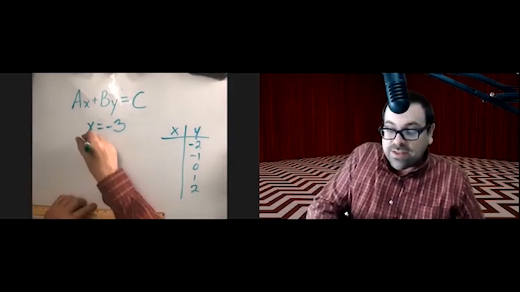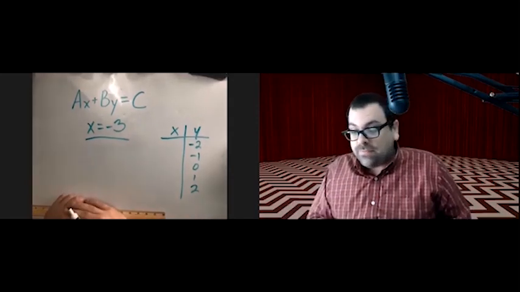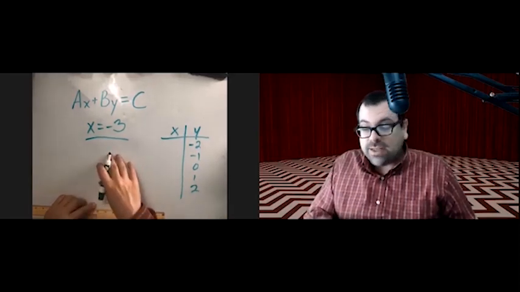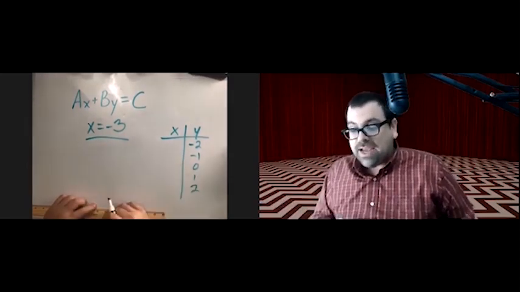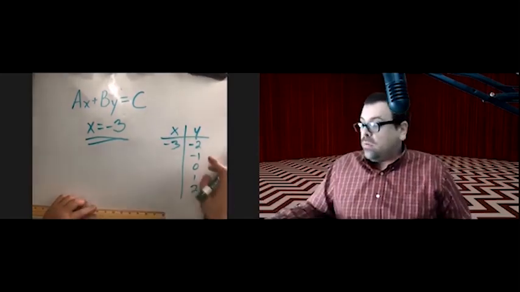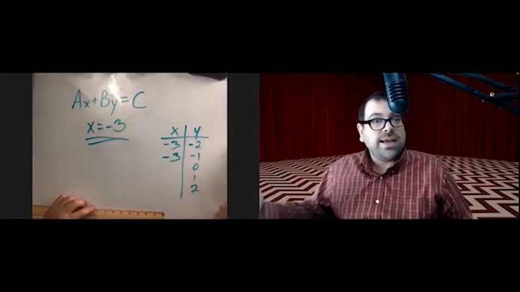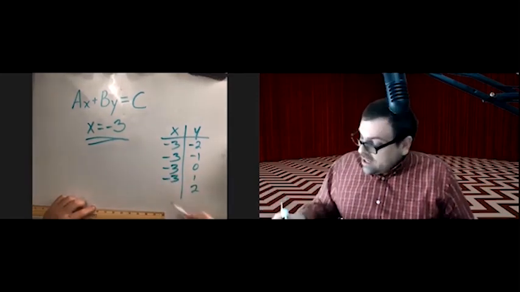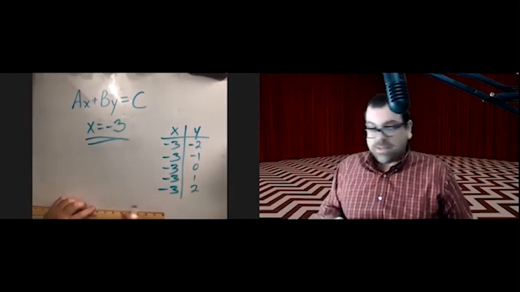But what we do have is this rule that x equals negative 3. It says nothing about y. x equals negative 3 is this problem's y equals 2. So when y is negative 2, x equals negative 3. When y is negative 1, x is negative 3. When y is 0, x is negative 3. Let's graph these points.